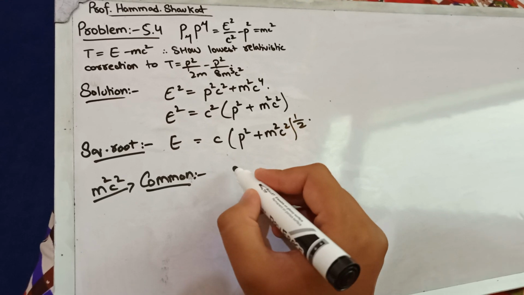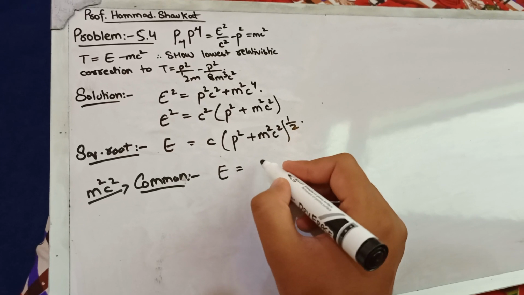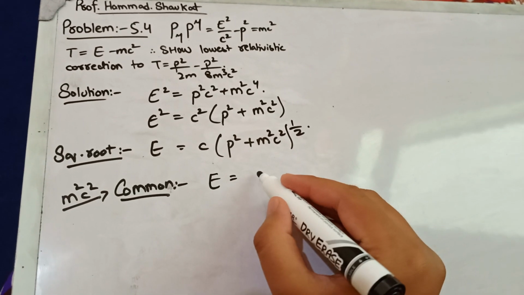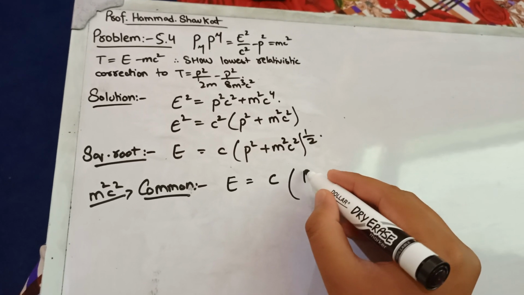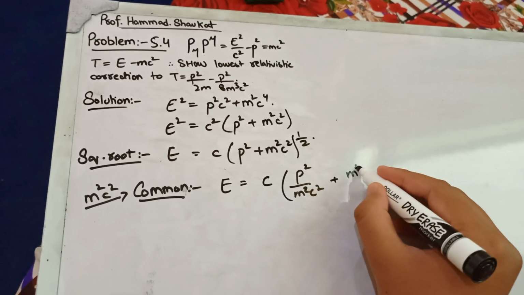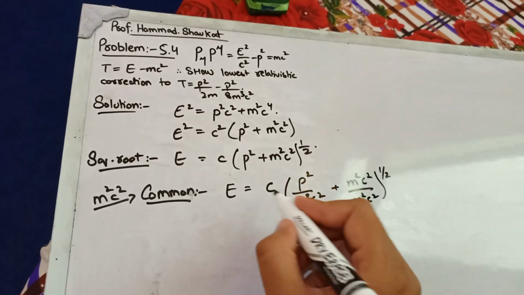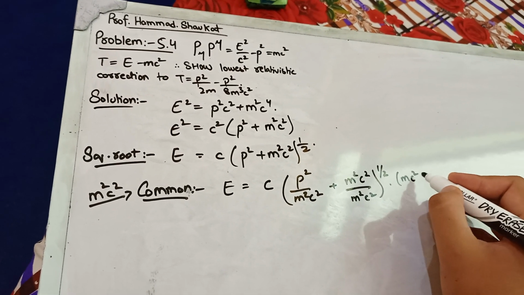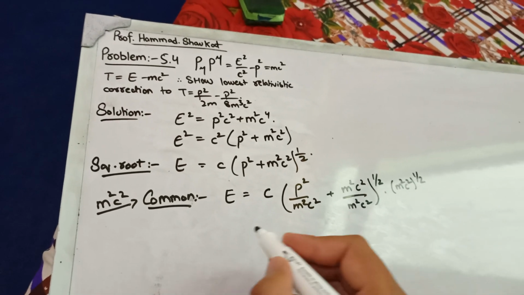By taking it common, E becomes c times the square root of m²c² times (1 plus p² divided by m²c²), because you divide by m²c². Once it comes out, with the power of 1/2, it becomes mc.